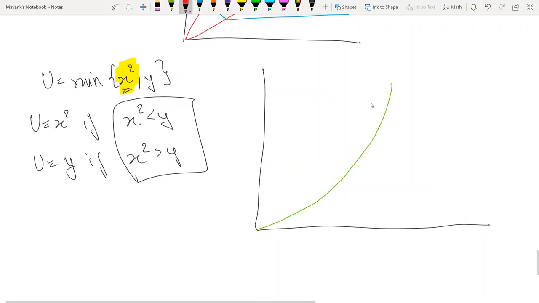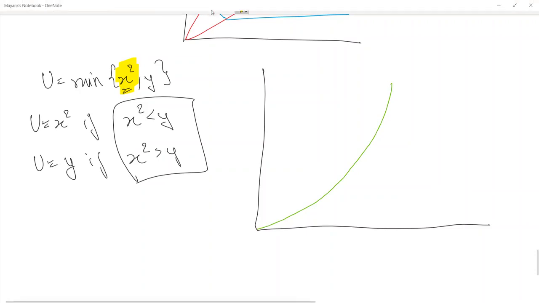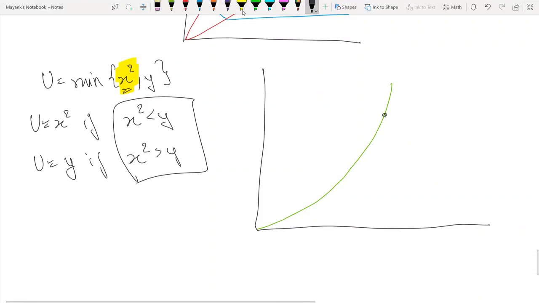What's the story to the right? What is the larger thing to the right, x square or y? x square is larger. So at any point here, you have y equals x square. If you move to the right, x square increases. So this zone is x square greater than y.